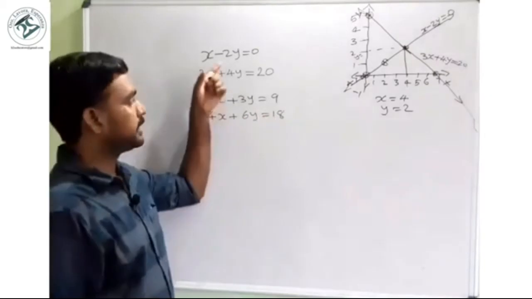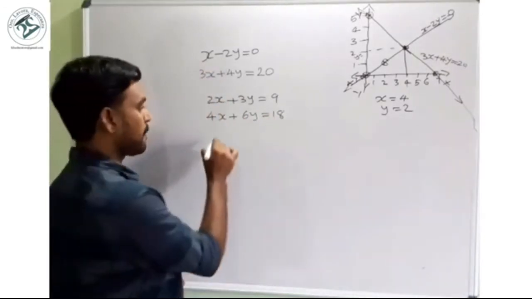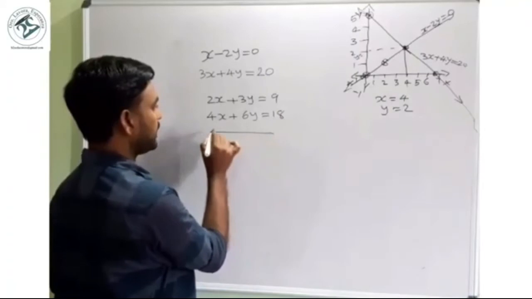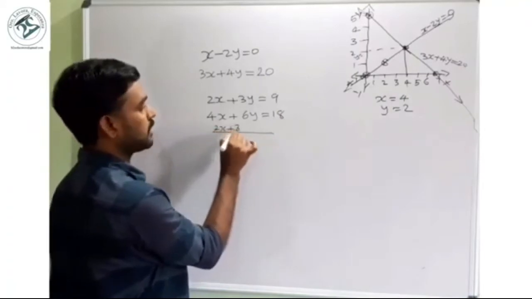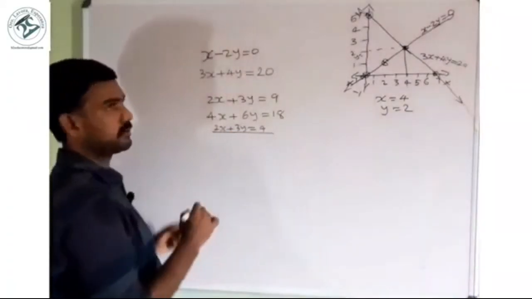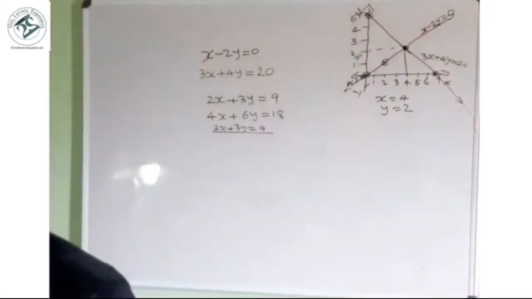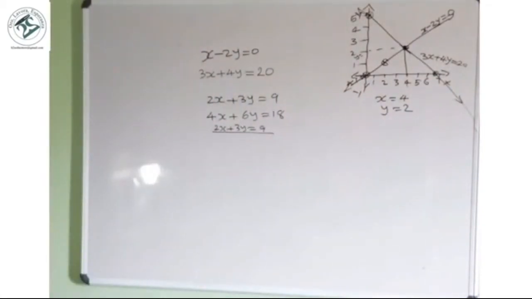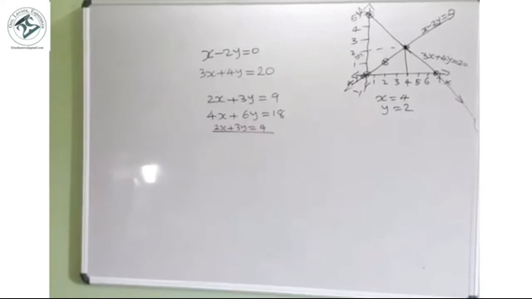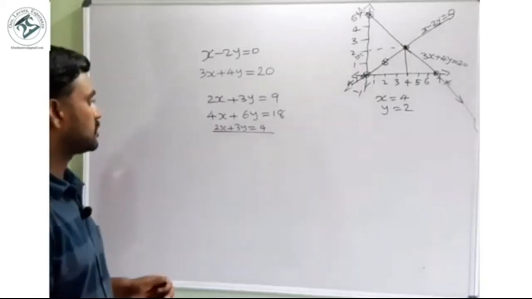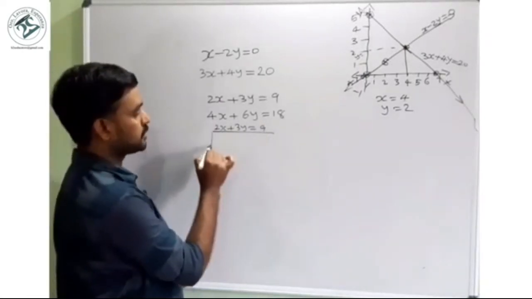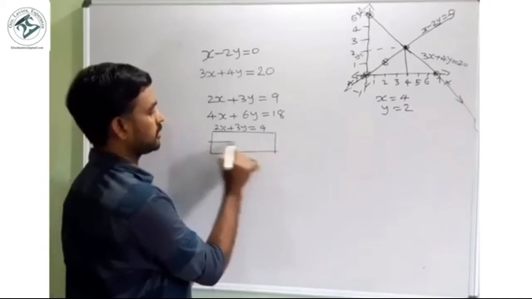As we did here, we are drawing the graph. We can write the first equation, 2x plus 3y is equal to 9. We can draw the graph.